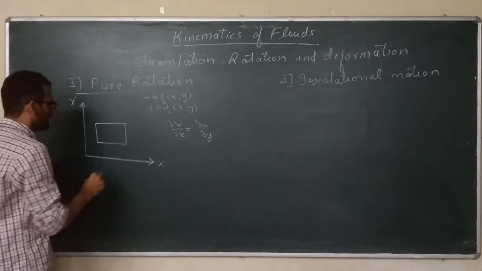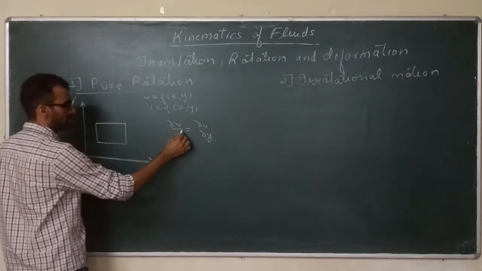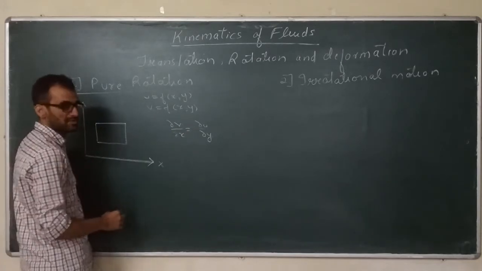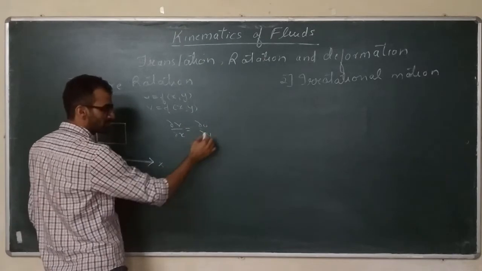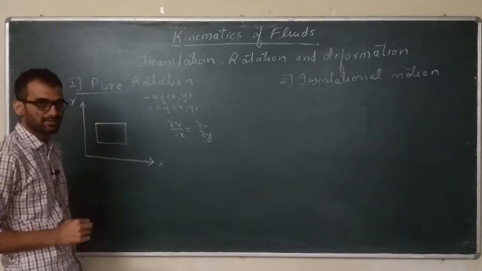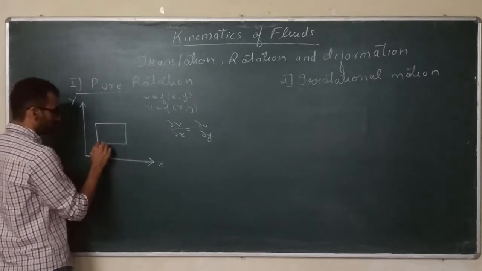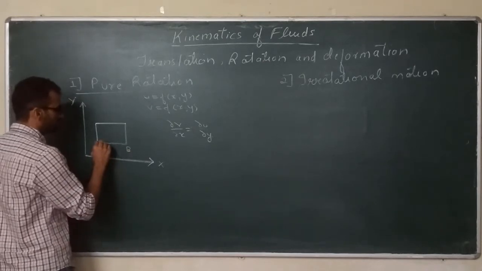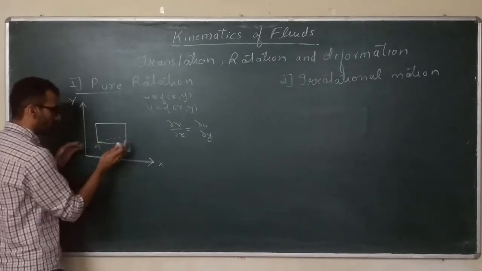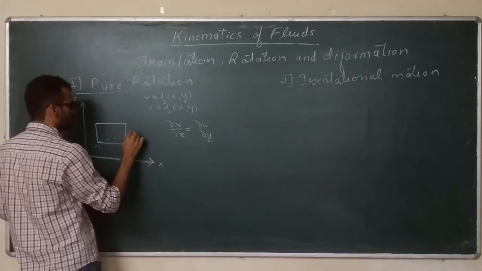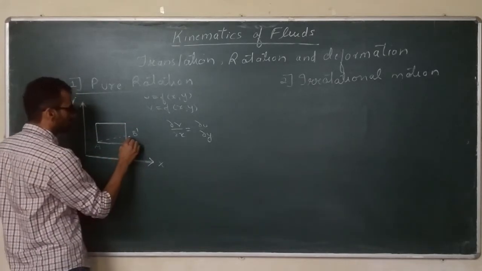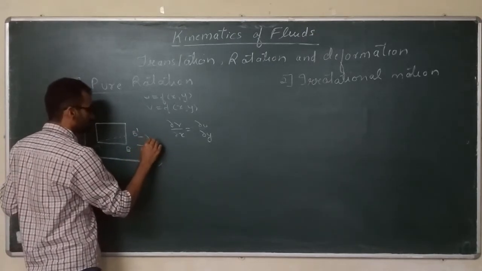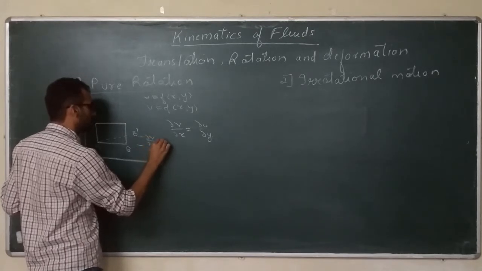Del v by del x, the gradient of vertical velocity with respect to x, is equal to the gradient of horizontal velocity with respect to y with a negative sign. If you start from this assumption that this is your face AB, and it is tilting in this way, suppose to B dash, we know from the last lecture that this distance would be del v by del x into delta x.